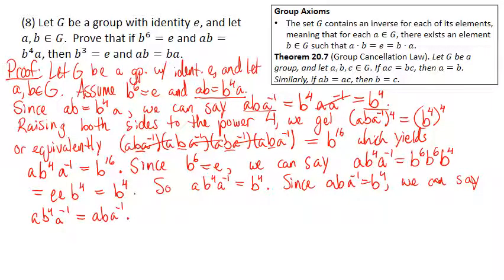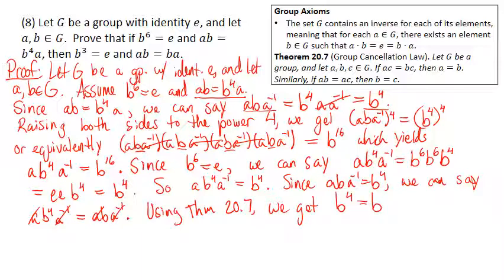Okay, and so now what I can do is I can use the group cancellation law. So using theorem 20.7, I'm going to cancel the a's on the left side of both sides, and I'm going to cancel the a inverse on the right side of both sides, like this. And so I get that b to the fourth equals b.